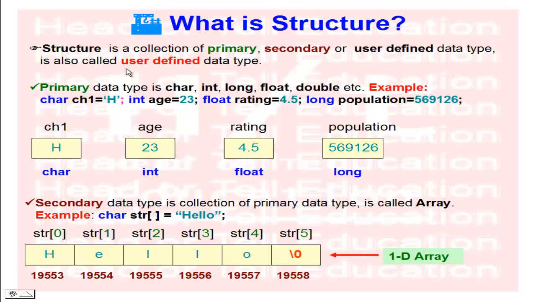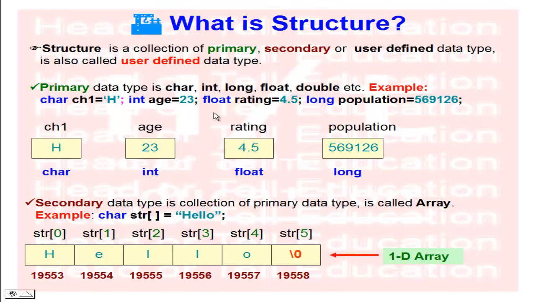In C we have only general primary types like character, integer, long, float, double, etc. In a primary data type we create a character variable, so we store only one character in this variable. Now we create an integer variable, so it holds only one value, because each variable is created in a single type.